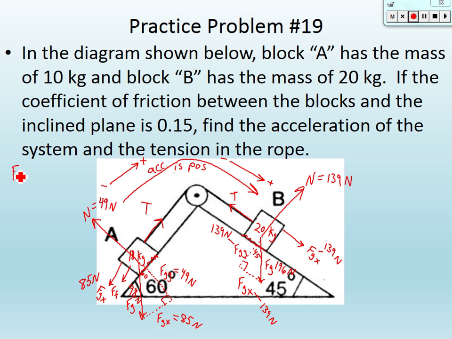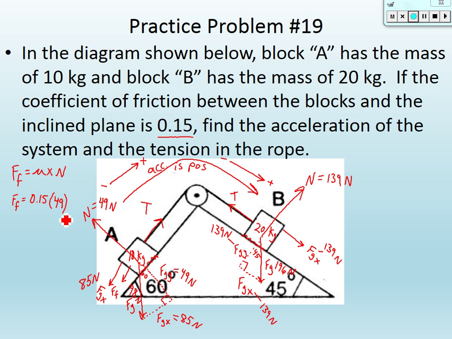Let's solve for it. Force of friction is equal to mu times normal. It told us that the mu, the coefficient of friction, was 0.15. Was that for both blocks? Yeah, 0.15. So, force of friction is equal to 0.15 times the normal force on block A, which was 49.